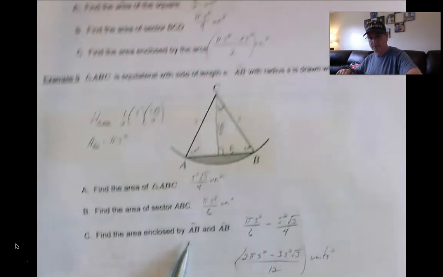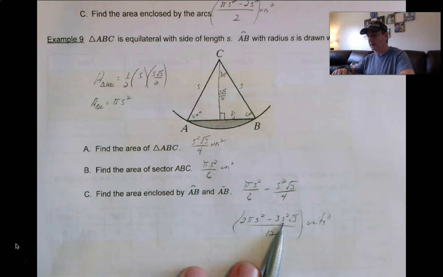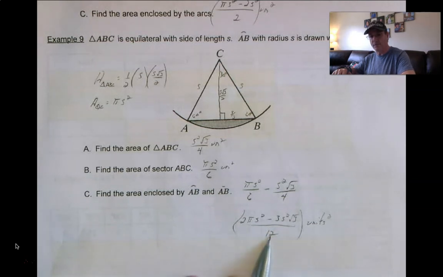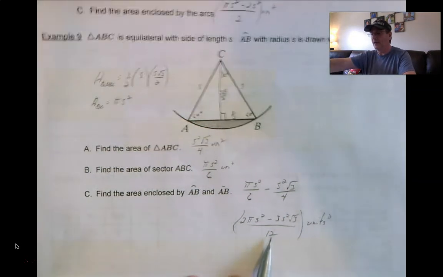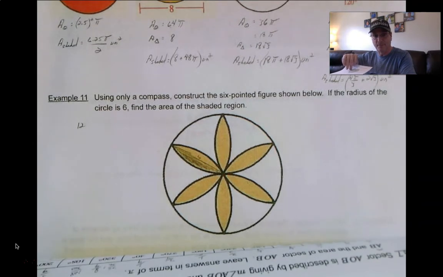So to find the area of one of the segments of a circle, we actually have a formula: 2 pi s squared minus 3 s squared root 3, over 12. And we happen to be multiplying by 12 because there are 12 of them.